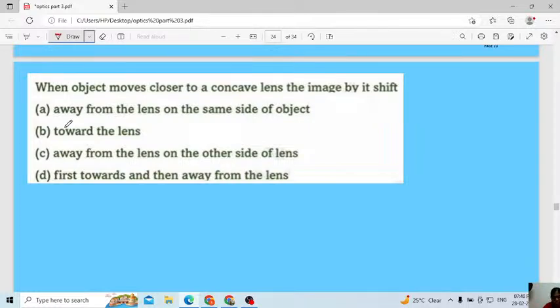Towards the lens. Always, if the object is moving towards the lens, the image also will form towards the lens only. Okay. Next one.